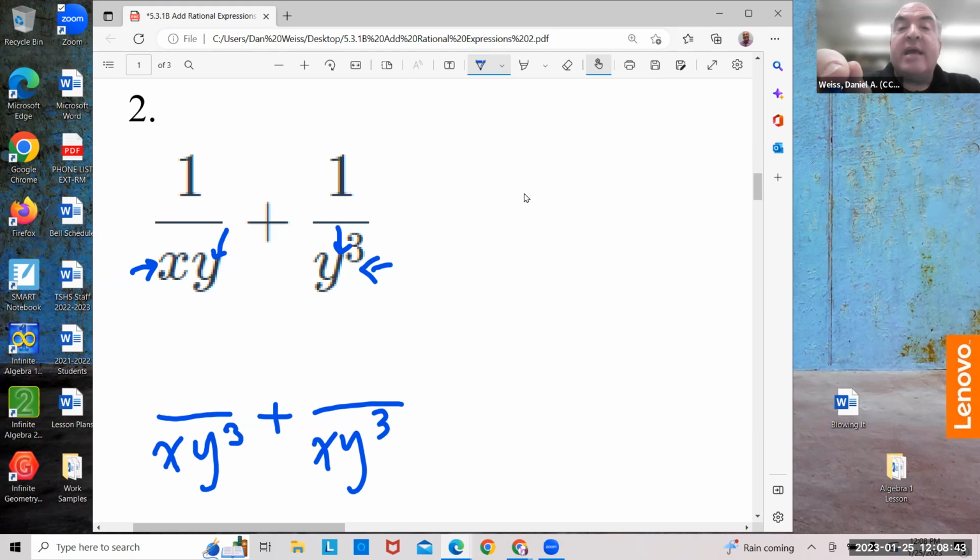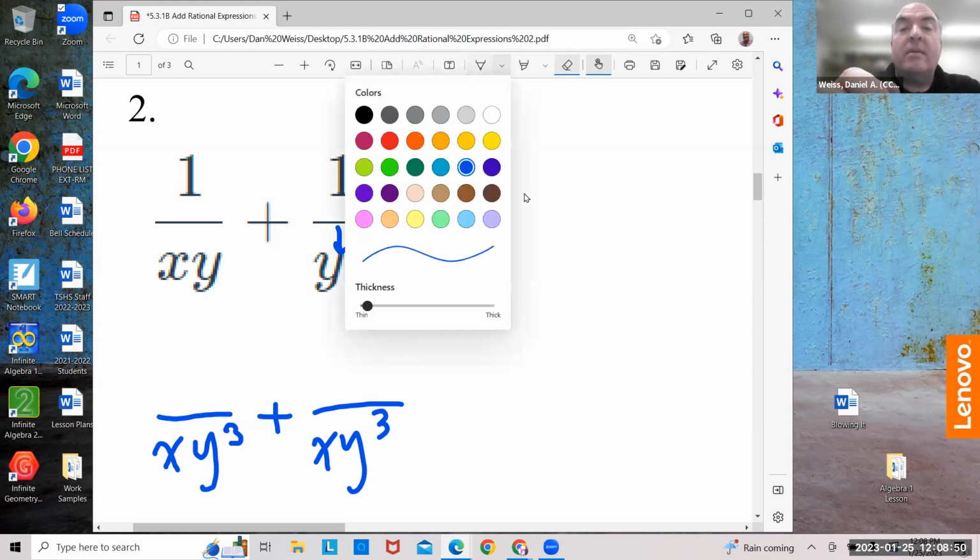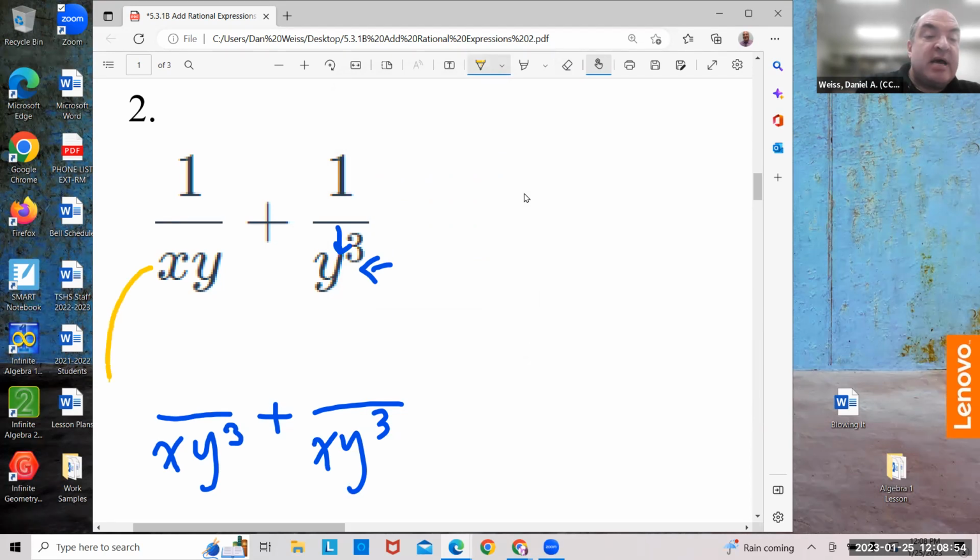Now here's this situation. x y times what makes x y to the third? Do you agree that we're multiplying by y to the second in order to get y to the third?